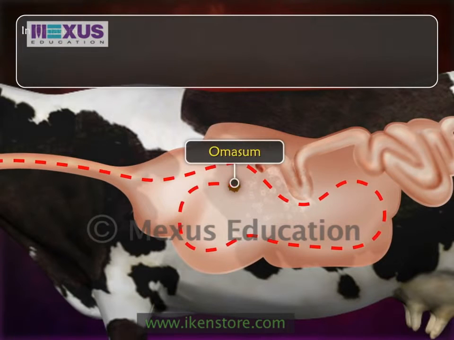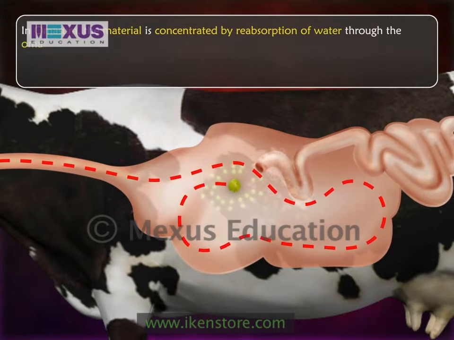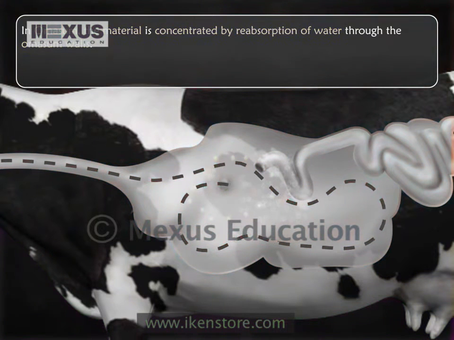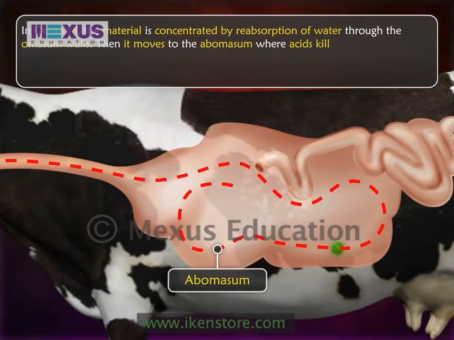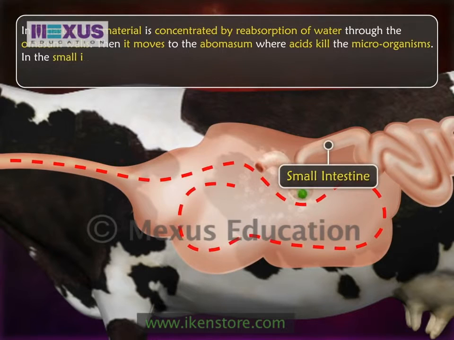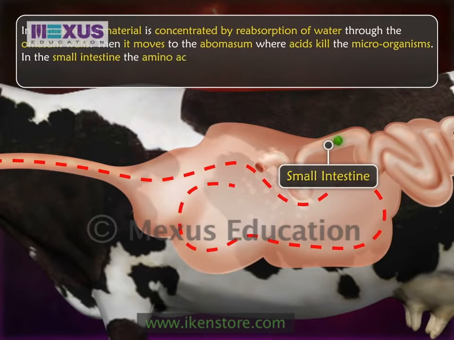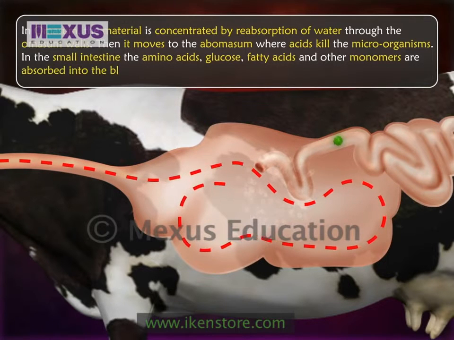In omasum, the material is concentrated by the reabsorption of water through the omasum walls. Then it moves to the abomasum, where acids kill the microorganisms. In the small intestine, the amino acids, glucose, fatty acids and other monomers are absorbed into the bloodstream.